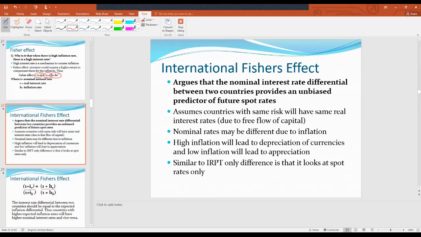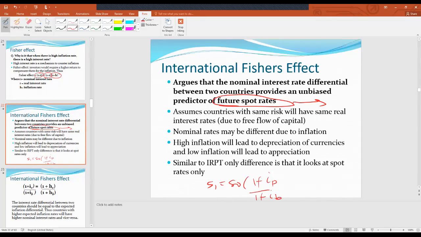It therefore argues that the nominal interest differential between two countries is an unbiased predictor of the future spot rate. Don't forget here, the nominal interest rate is an unbiased predictor of the future spot rate. This is because the spot rate S1 is equal to S0 times 1 plus the inflation in the price currency over 1 plus the inflation in the base currency.